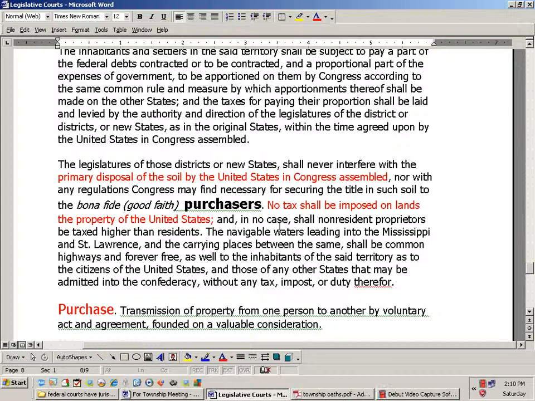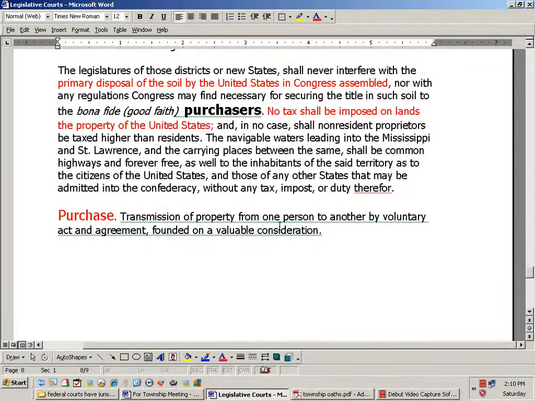Primary disposal of the soil by the United States in Congress assembled. So who gets to dispose of the land, the soil? No tax shall be imposed on the lands and property of the United States. That's you. Congress may find necessary for securing the title in such soil to the bona fide good faith purchasers. And what is a purchaser?